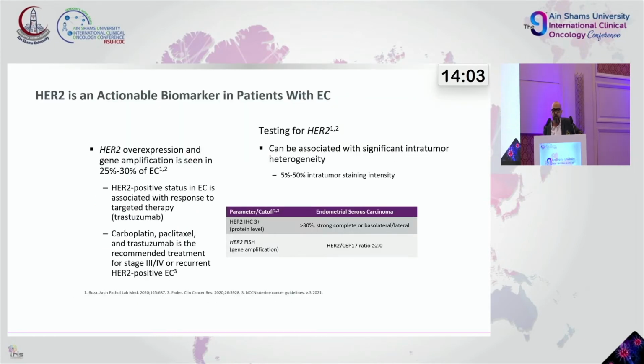endometrial cancer. Also, HER2 is an actionable biomarker in patients with endometrial cancer. HER2 overexpression and gene amplification is seen in around 25 to 30% of endometrial cancer. And HER2 positive status in endometrial cancer is associated with response to targeted therapy, trastuzumab.